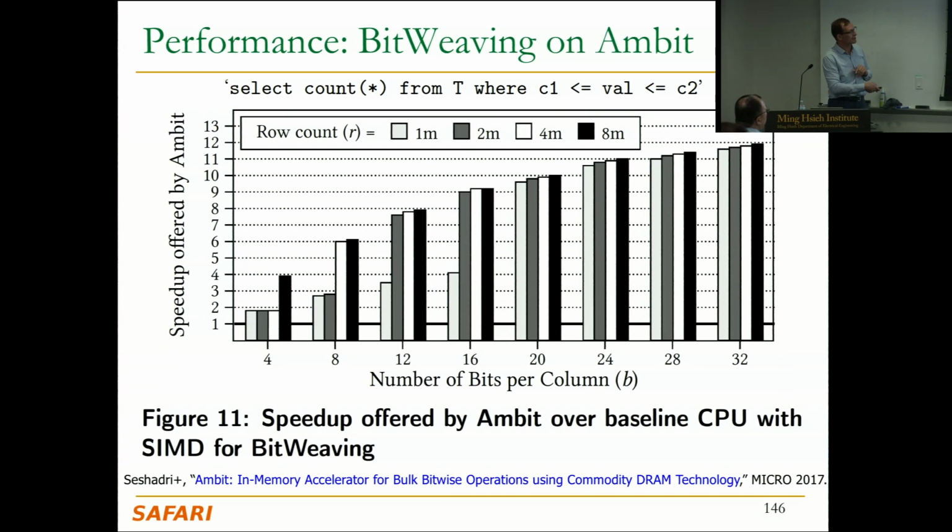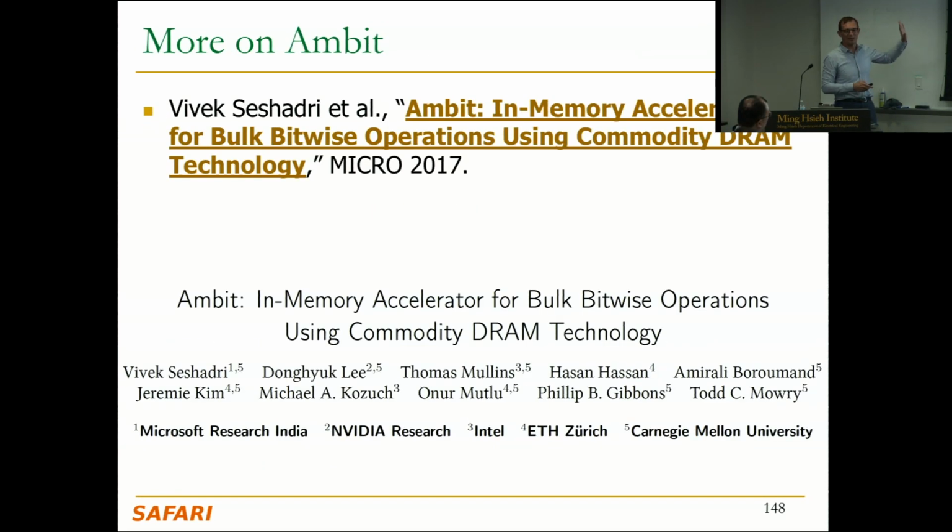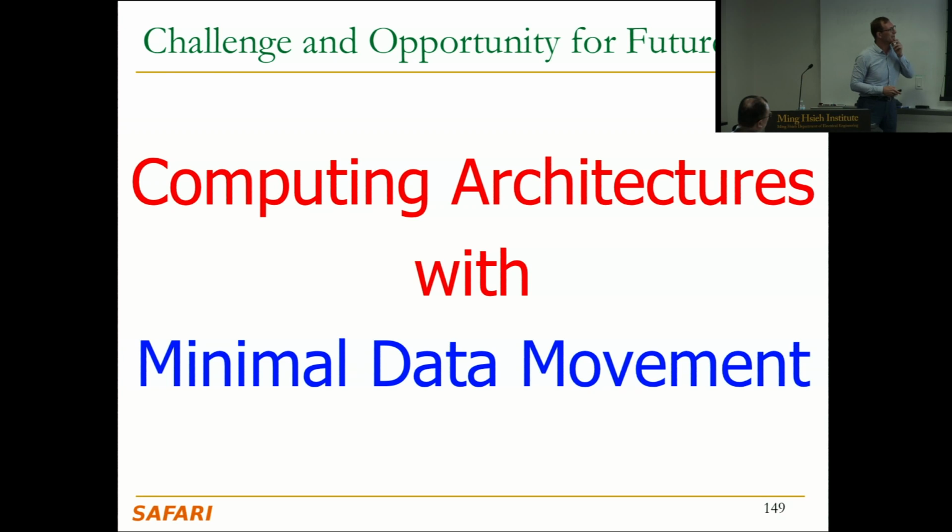Vivek did this, this was part of his thesis. And he showed that if you have this database ported to Ambit, you could get about 12x speedup in queries. So there's significant benefit to be gained if your application is already doing a lot of bitwise operations, and you could port it to Ambit. I believe there's more, but I don't have time to cover more.